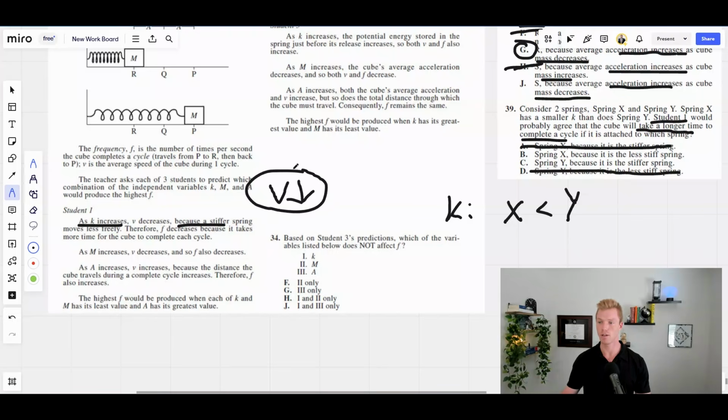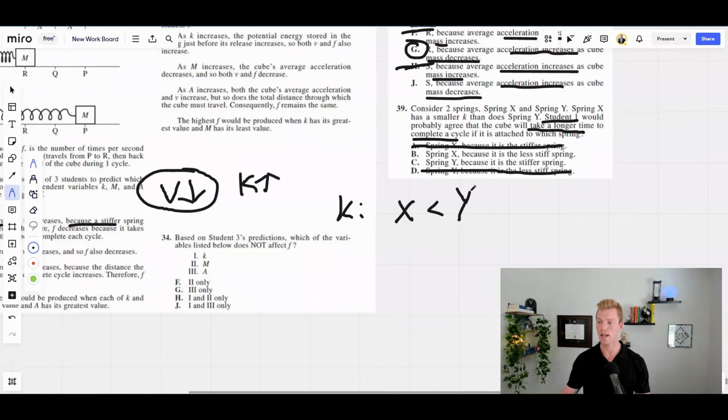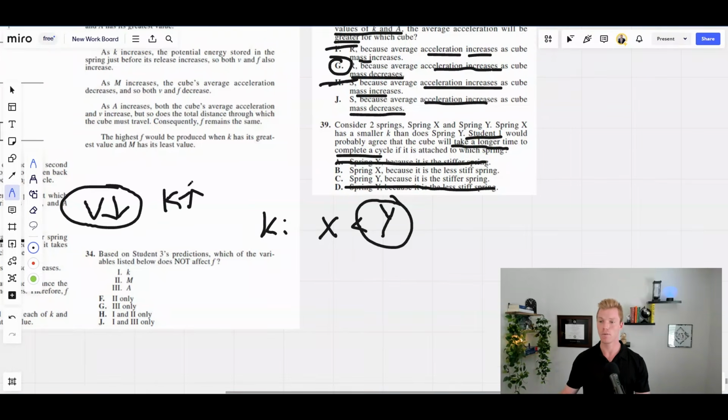So we're looking for lower velocity, and we know that lower velocity comes as K increases. And we know that Y has the larger K value, which means the lower velocity, which means it will take longer to complete the cycle. So we can just say that C is the correct answer here.